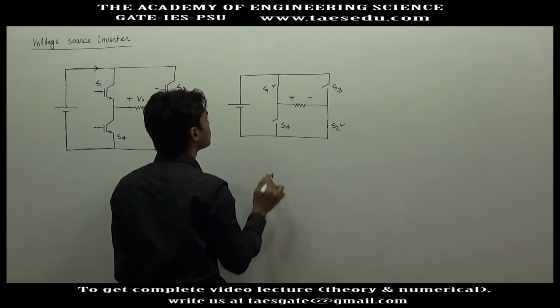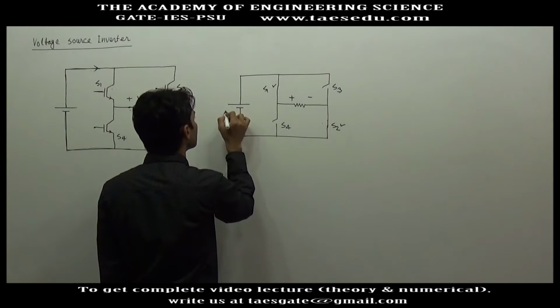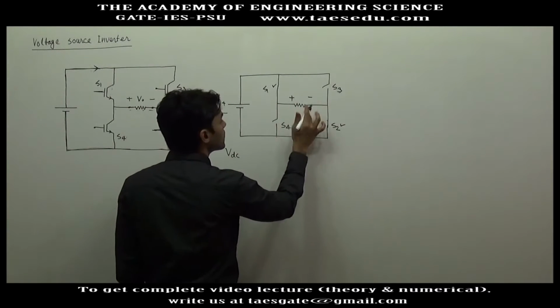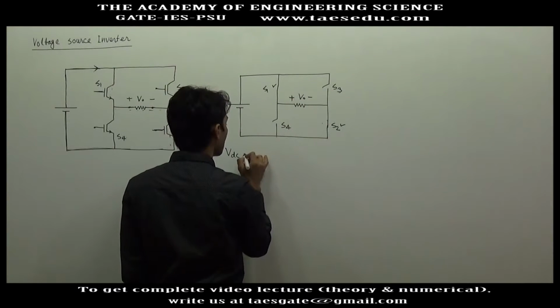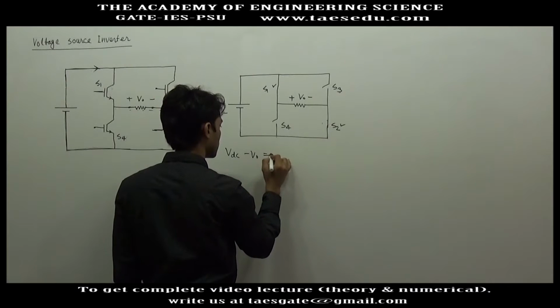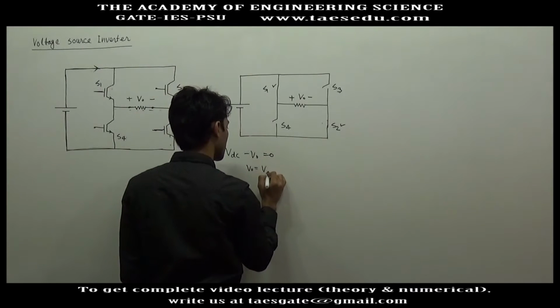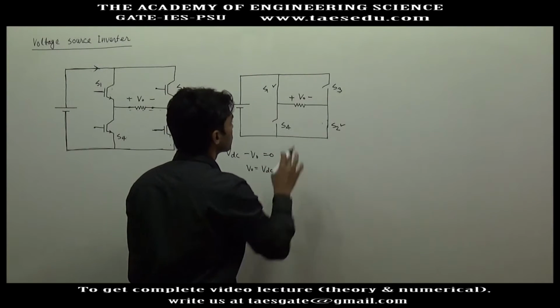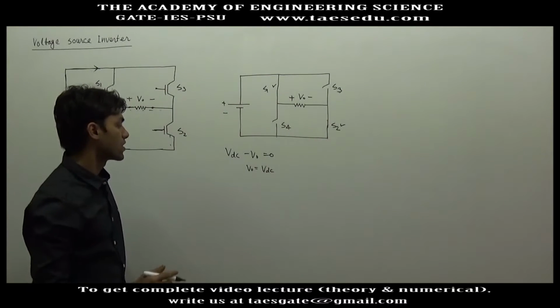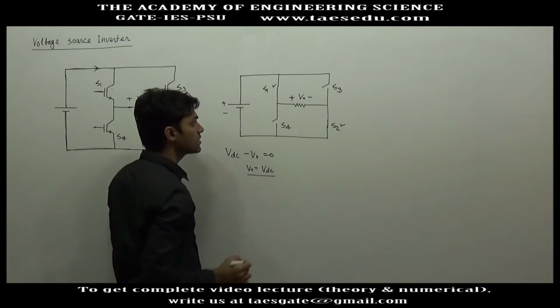Now if you apply KVL here, you will get gain of VDC, and here you will get drop of output voltage, and this way the loop is completed. So V0 will be VDC. So if S1 and S2 are conducting, you are getting positive voltage.